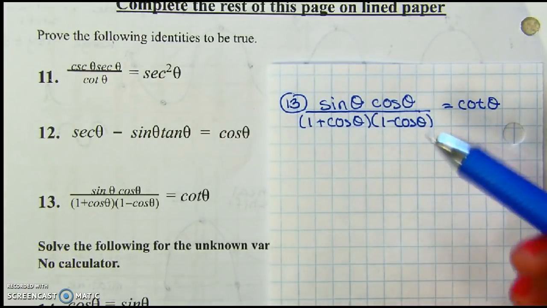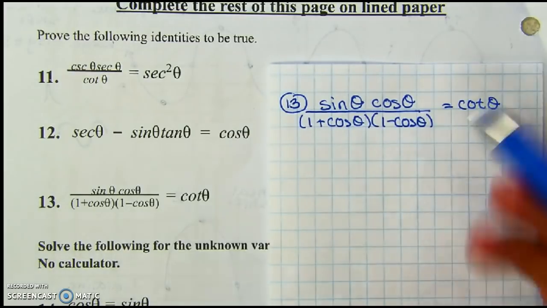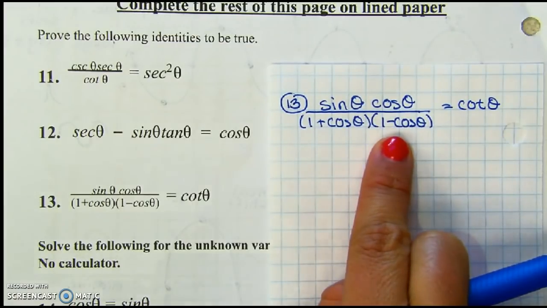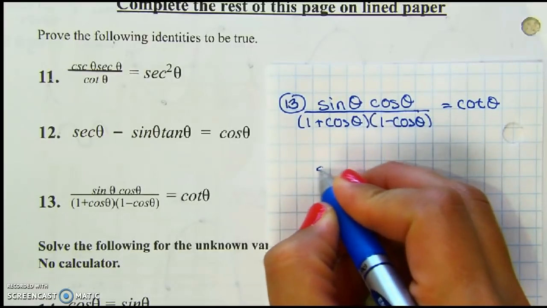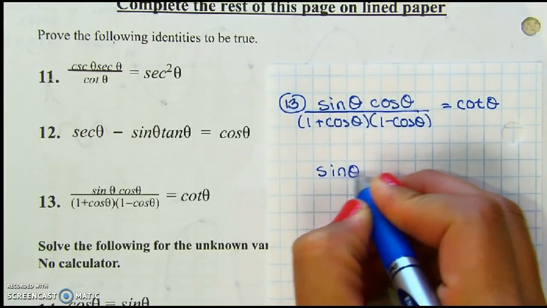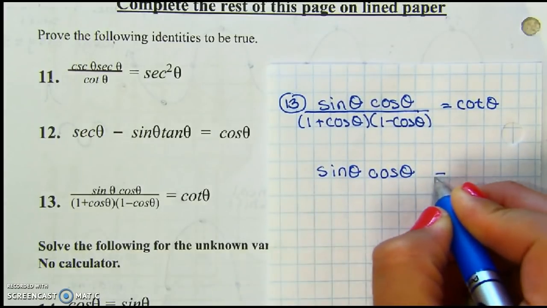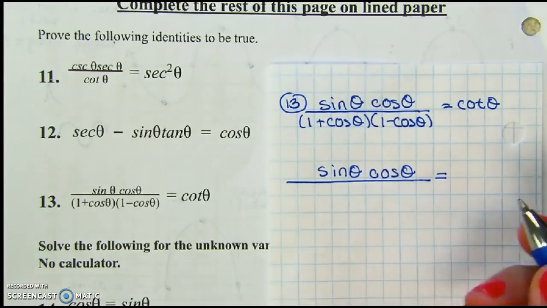Okay, so we're left with the last two ideas, and that would be to multiply or factor. So do you guys see down here where we have 1 plus cosine times 1 minus cosine? We're going to multiply that out. And if you already know what that is equal to, then fantastic. That is great. I'm going to actually multiply it out just in case people don't know.